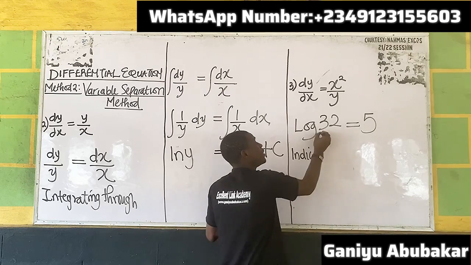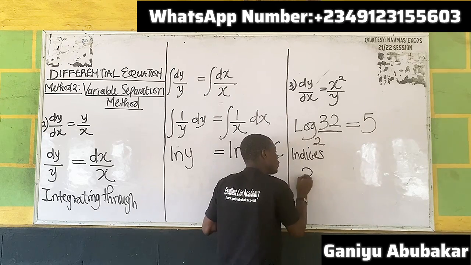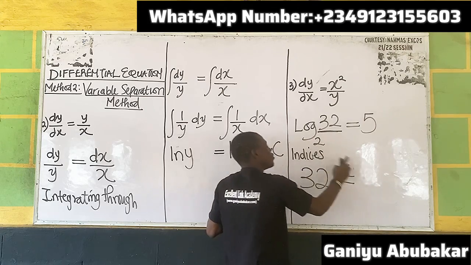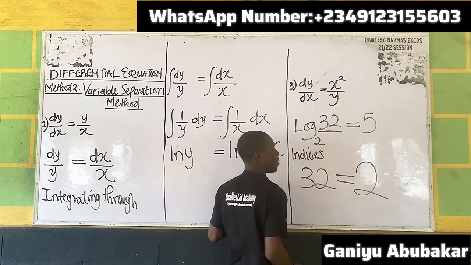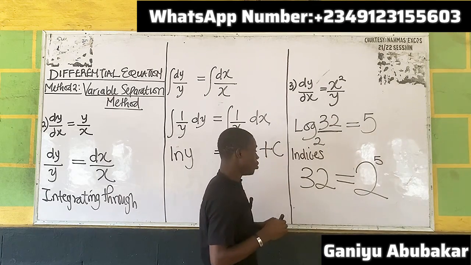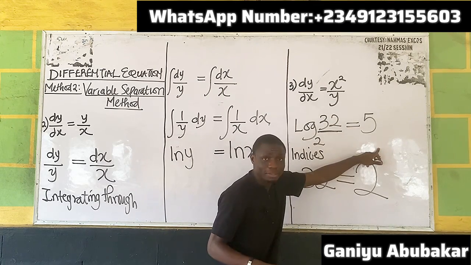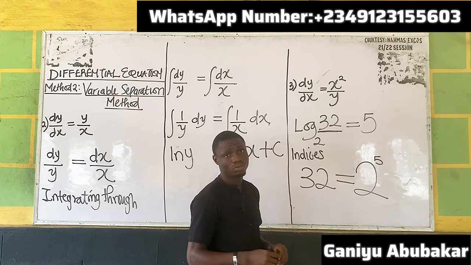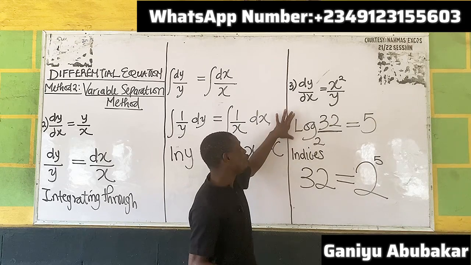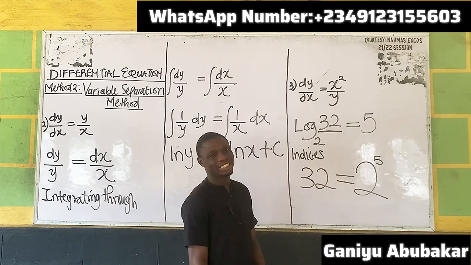That gives you 32 comes out first. 32 equals this base now standing as a number here, and this 5 comes as the power. So 2 to the power 5 is 32. This is called the relationship between logarithm and indices.